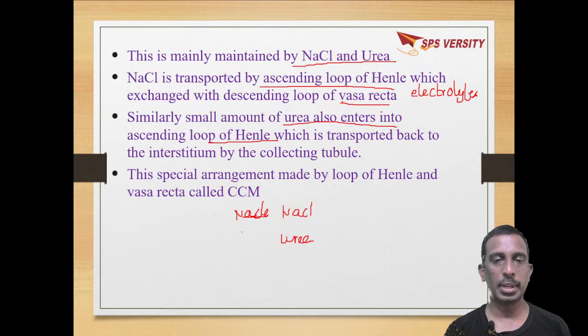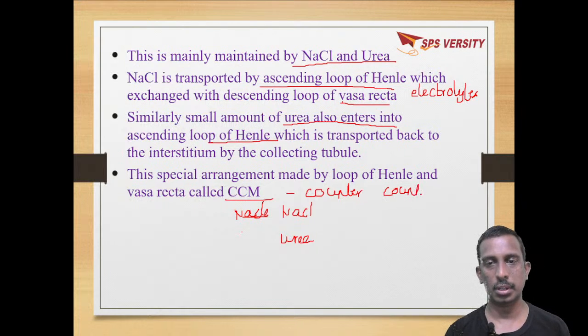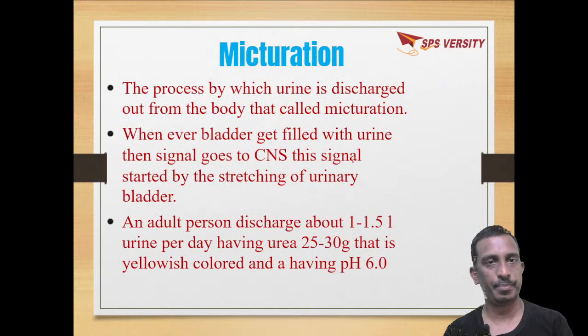This special arrangement made up of the loop of Henle and vasa recta is called the counter current mechanism, where there is opposite flow of the filtrate and blood. So this is about the counter current mechanism, where osmolarity and the concentration of sodium and potassium are maintained.